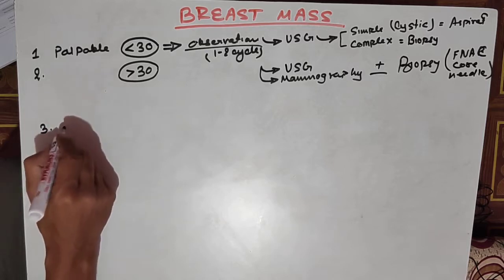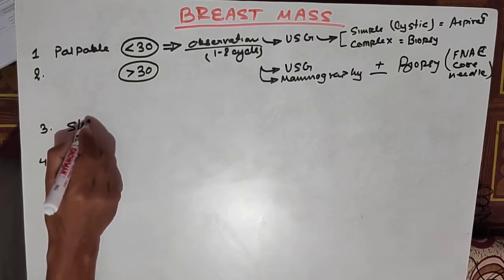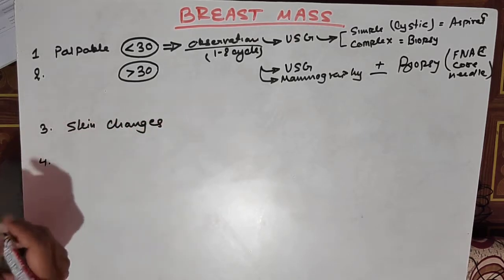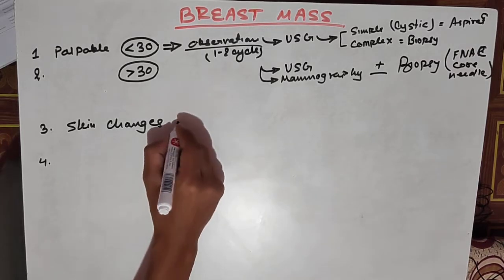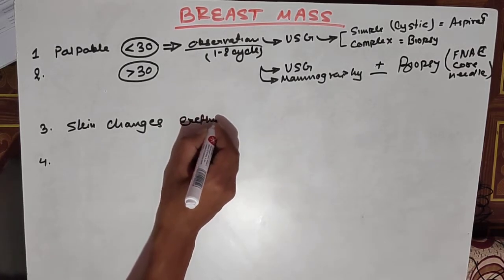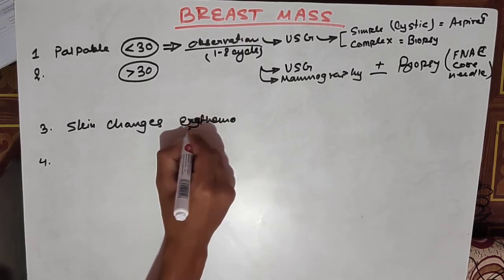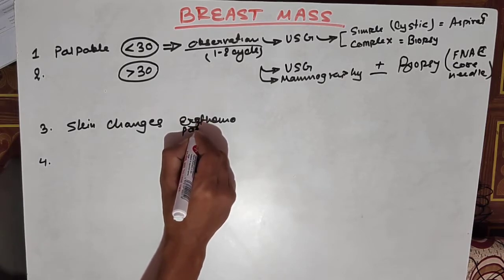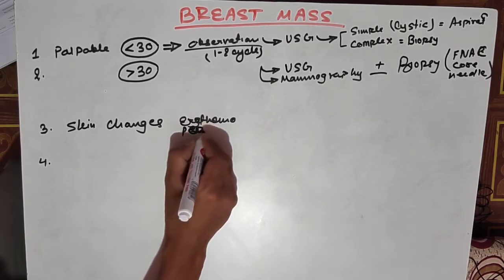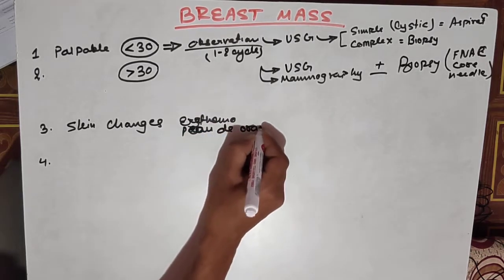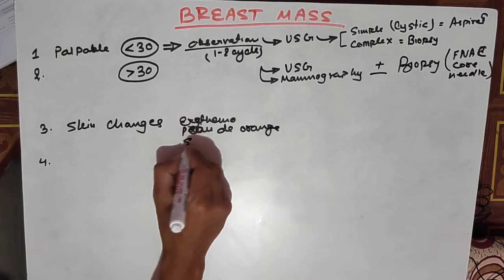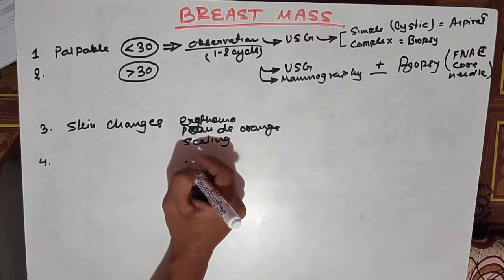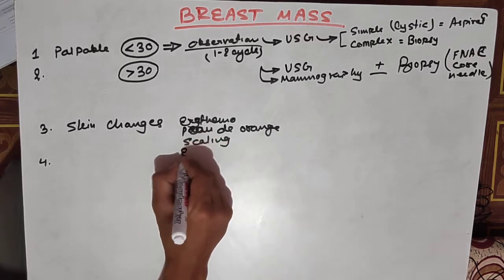Now if the patient comes with skin changes, what could be the skin changes in case of breast disease? It can be either erythema, it can be peau d'orange type of discoloration, or there can be scaling, or they can complain of nipple excoriation and eczema.